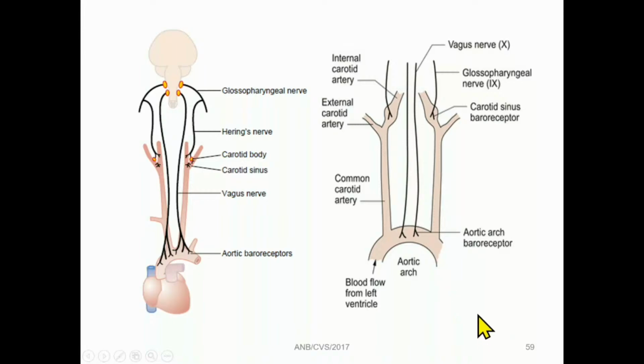It is very clear. Mainly, these baroreceptors are present on the arch of the aorta and at the internal carotid artery, at this cavity-like structure that we call the carotid sinus.